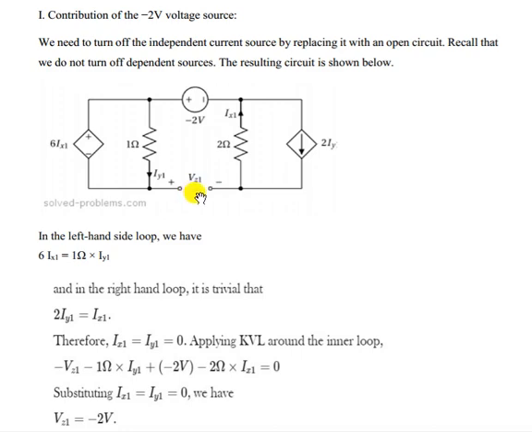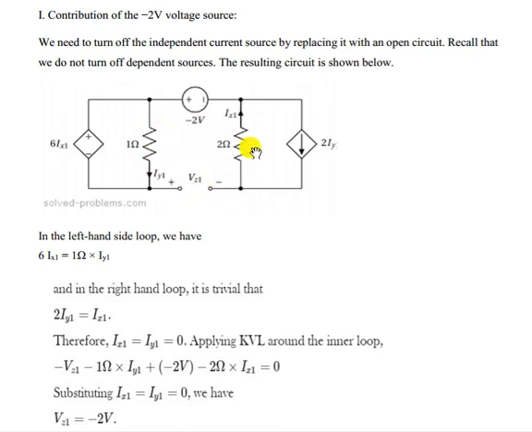That means, what is the current flowing through this circuit? That will be basically 0. This is open circuit. This is the dependent source. This is Ix1, this is Iy1, here across this resistance, but through this circuit no current is flowing.